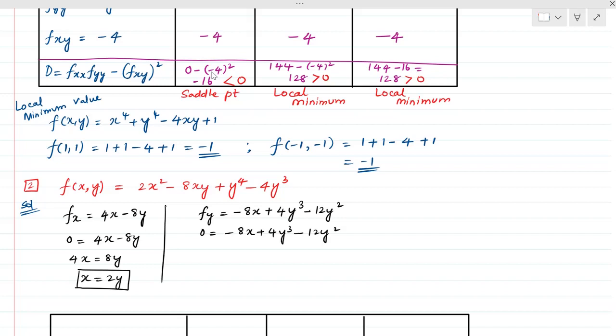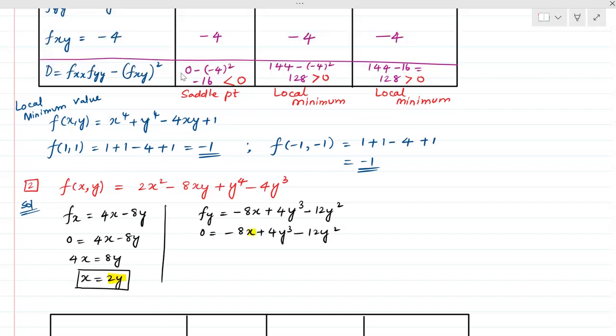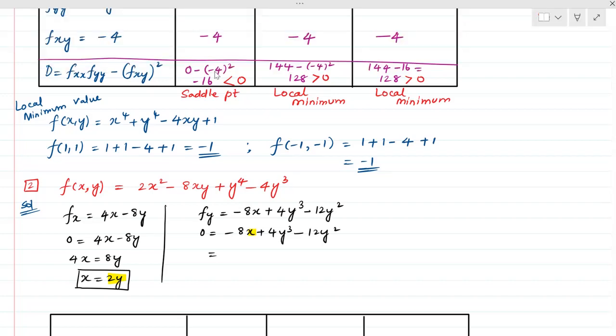Now I replace here in place of x as 2y. So multiply, and you will get minus 16y plus 4y power 3 minus 12y power 2 equal to 0.